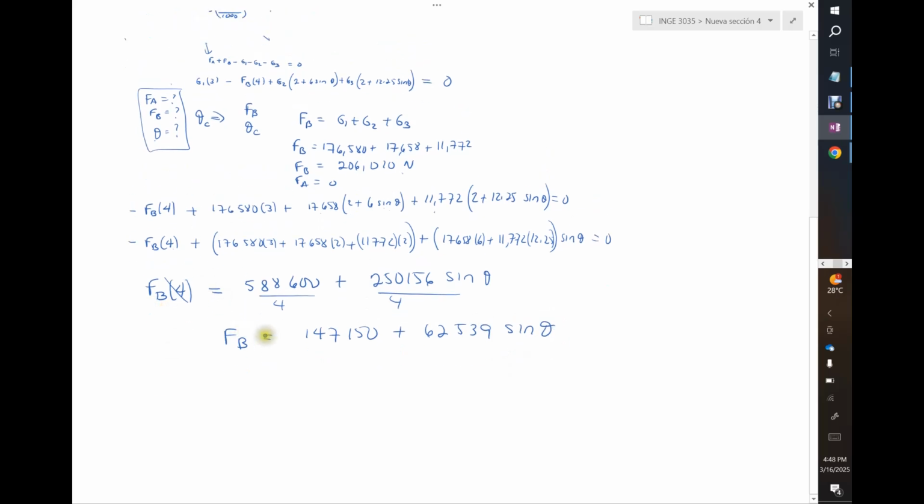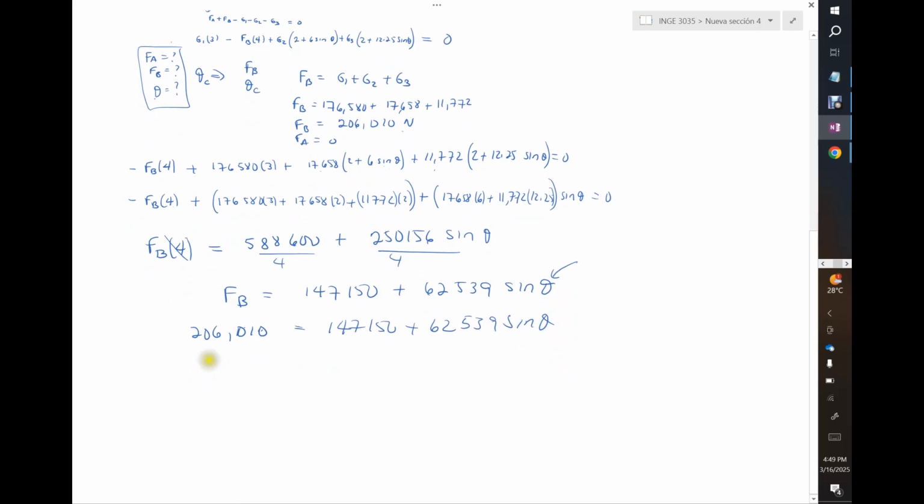So now here's the story. We are trying to solve for theta, and that's what happens when all the force is held together by the FB, and that's going to be this force shown here, 206,010 at that critical angle. So we know FB is 206,010, equal to 147,150. Well, let's draw this number better, that's ugly. 147,150 plus 62,539 sine of theta.